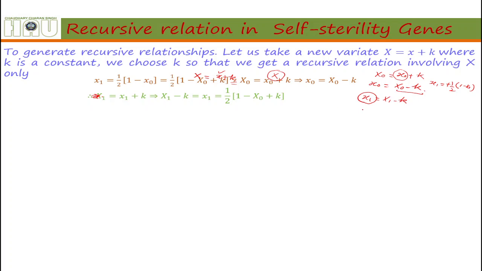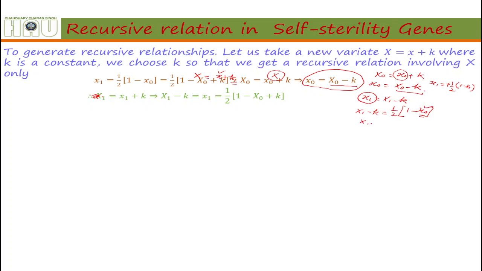So you can write X1 minus k will be equal to half into 1 minus, say, x0, right? Now, what is the value of x0? X0 we have found as capital X0 minus k, because we want to first create the recursive relationship in terms of capital X. So substitute X minus k in place of x0.